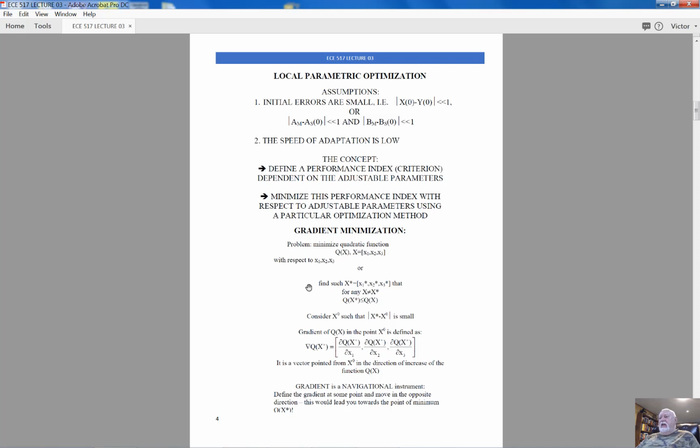Our goal is to find such x star that consists of x1 star, x2 star, x3 star, such that for any value of the state vector x, at the point x star the value of the criterion reaches its minimum, is the smallest.